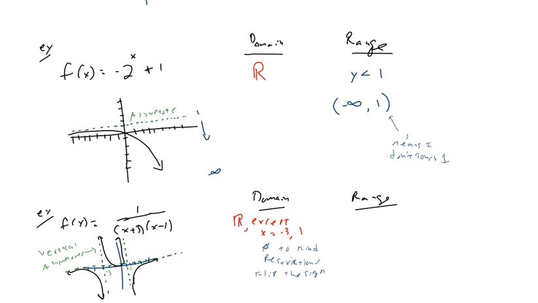I can say all real numbers except I want y to be 0, or I could say not equal to 0. Y is not allowed to be 0. I guess I should have said that for the x too: not allowed to be equal to 3 and negative 3.